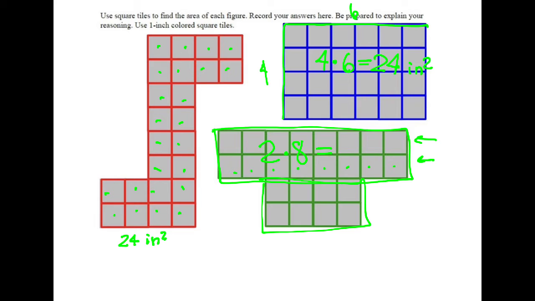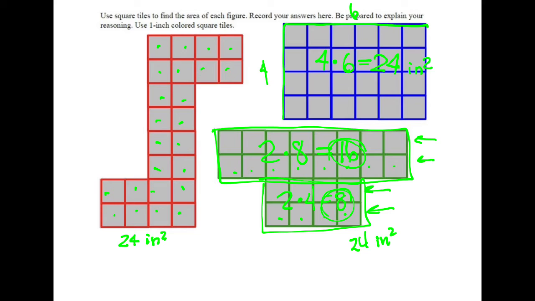So 2 times 8 is 16. Now this bottom part also has 2 rows, but there are 4 in each row. So then I'm going to add 16 and 8, and I also get 24 squares. So all 3 of those shapes have the same area.